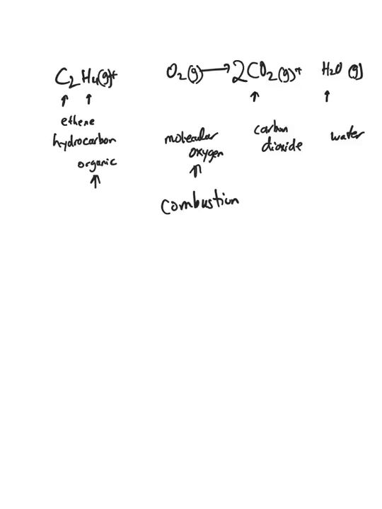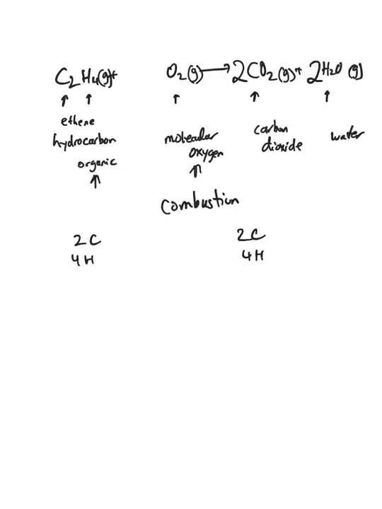We cannot change subscripts. We can only change coefficients. So let's put a 2 in front of the water. So now I've got 2 times 2 or 4 hydrogens. So I had 2 carbons, 4 hydrogens.